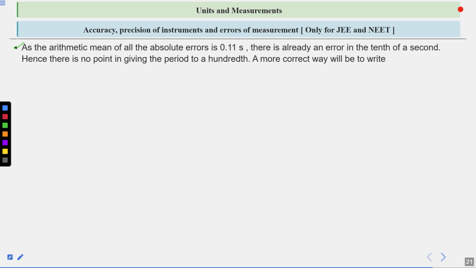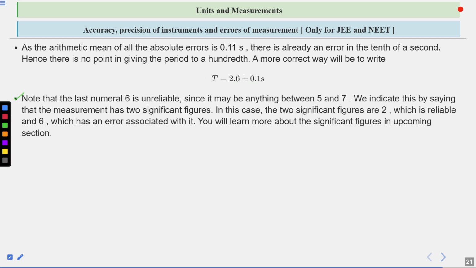As the arithmetic mean of all the absolute errors is 0.11 seconds, there is already an error in the 10th of a second. Hence, there is no point in giving the period to a 100th. A more correct way to write it is T equal to 2.6 plus or minus 0.1 second.